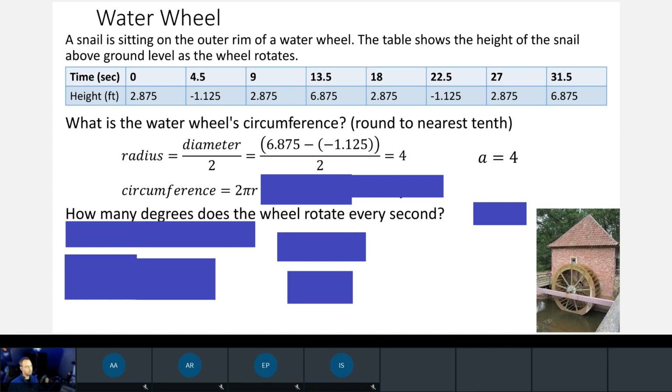I always remember circumference as 2 pi r. Same thing. Well, we know the radius is 4, so I just do 2 pi times 4 is 8 pi, which is 25.1 feet. Type that in and make sure that you can round correctly.